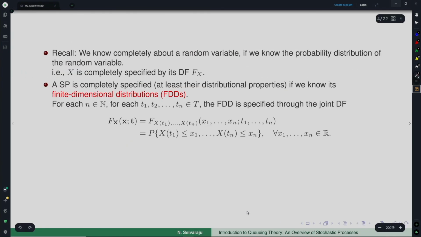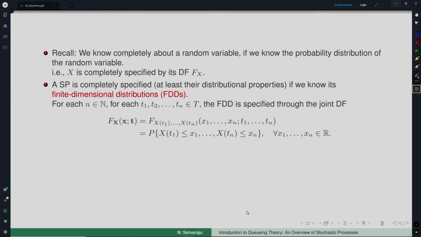Okay. Now, recall we know completely about a random variable if we know its probability distribution, because any question with respect to the random variable can be answered if you know its distribution, whether it is certain probabilities or some expectations or anything of that nature.